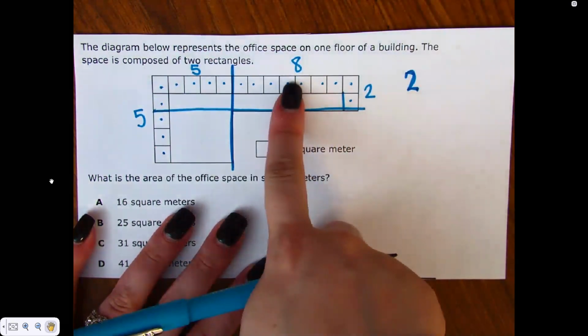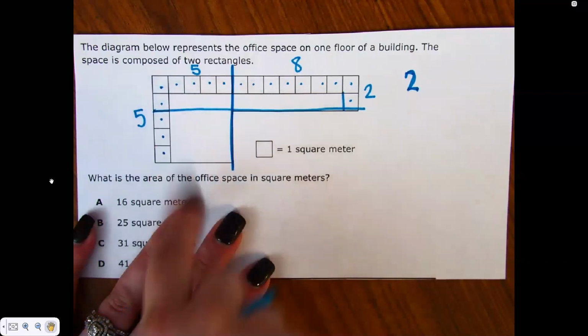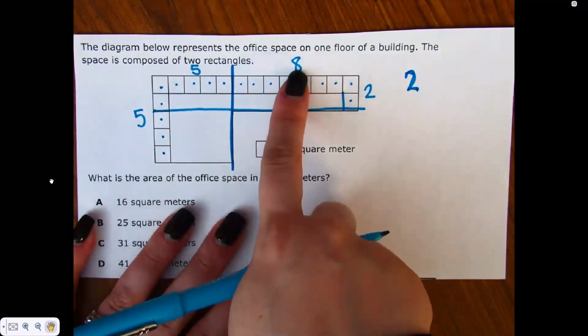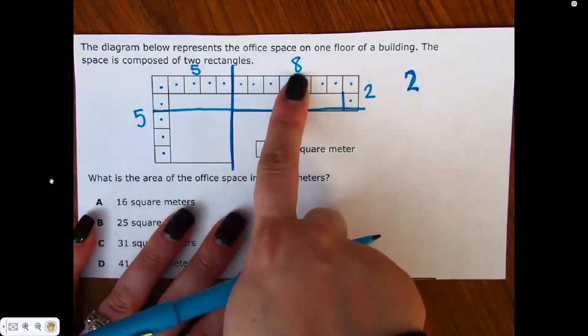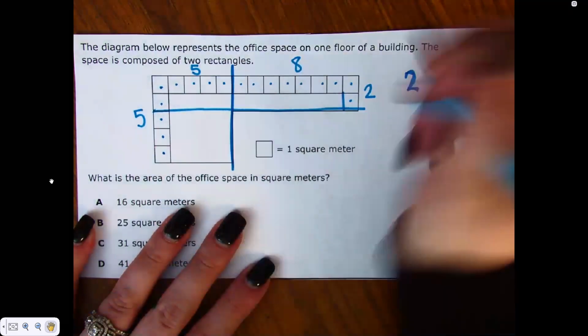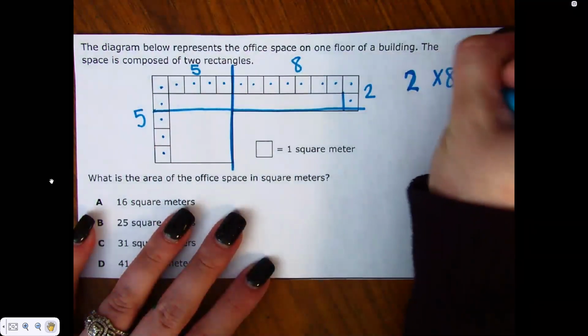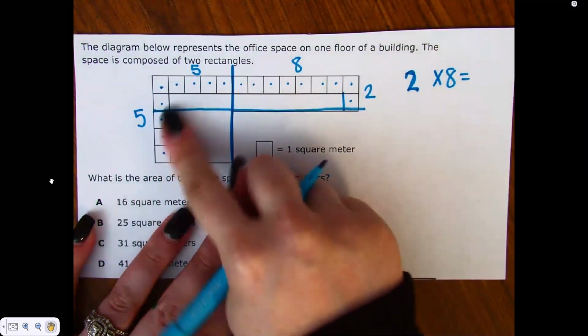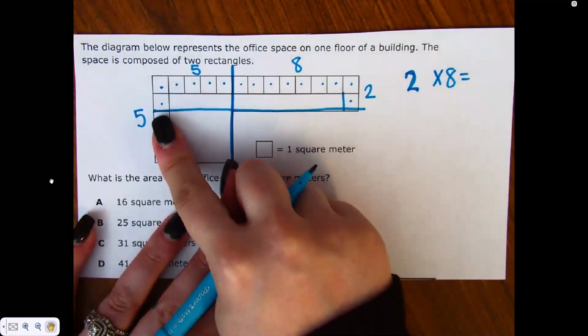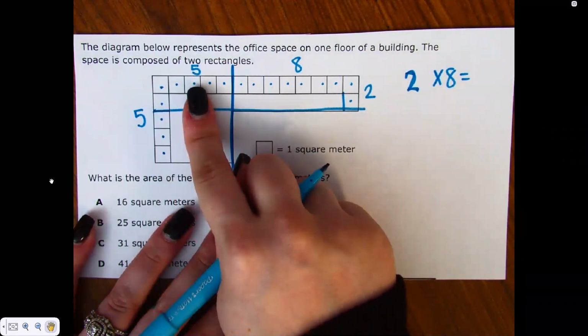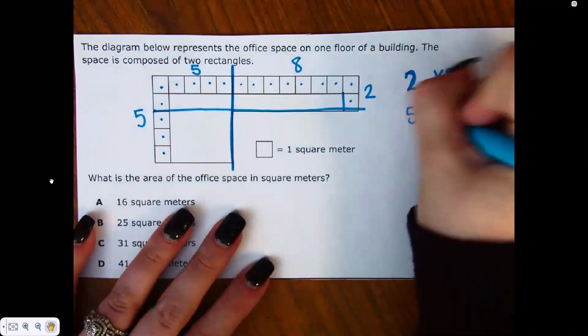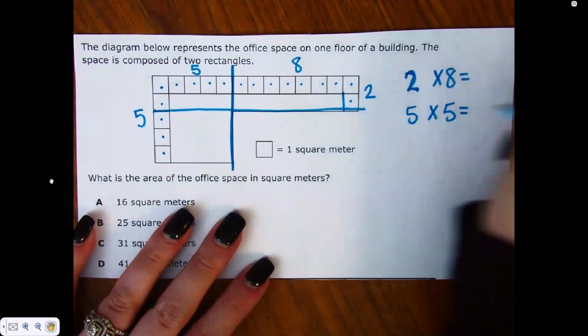What number is that? 8. Okay, then what am I going to multiply? 5 times 5. Okay.